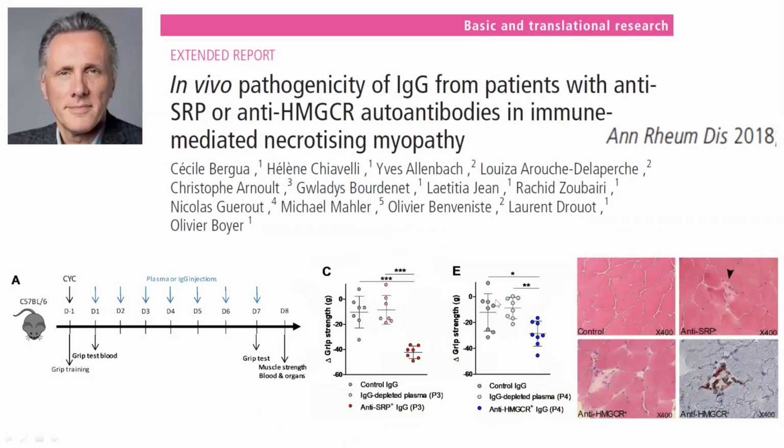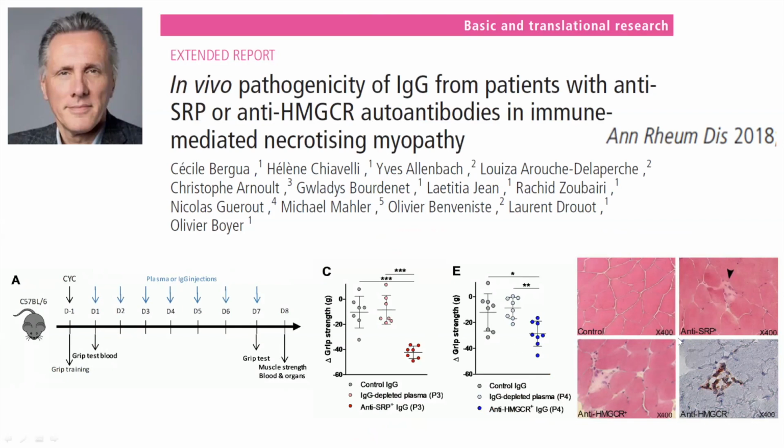To complete the story, my very good friend Olivier Boyer, who is an immunologist in Rouen, did the in vivo part of the story, and he passively transferred the antibodies, coming once again from plasmapheresis, to mice. After 7 days of transfer of anti-SRP or anti-HMGCR, you can observe that the strength of the mice is lower, weaker, if you have the antibodies.